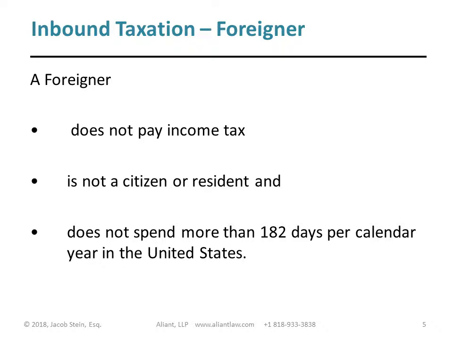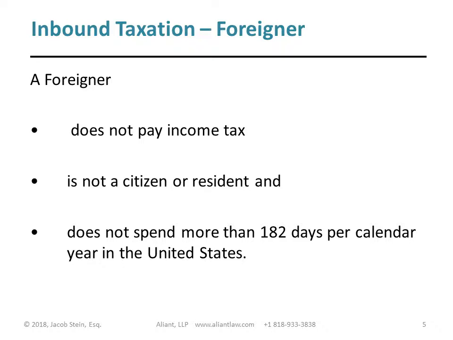So what do I mean by you don't spend too much time in the United States? There is the so-called substantial presence test. And the substantial presence test looks at the number of days a foreigner is present in the United States.